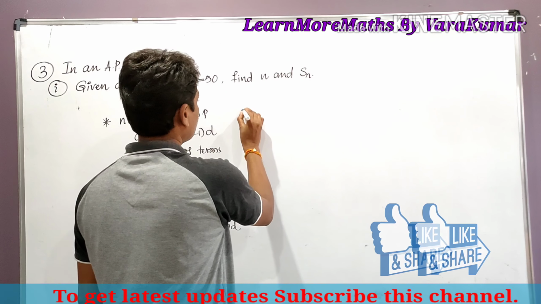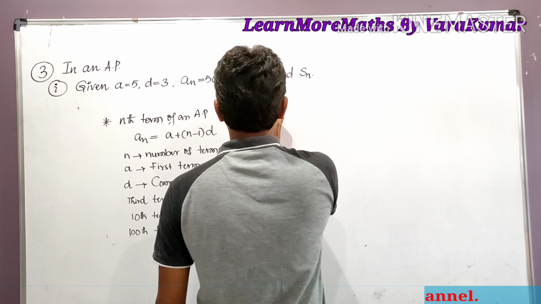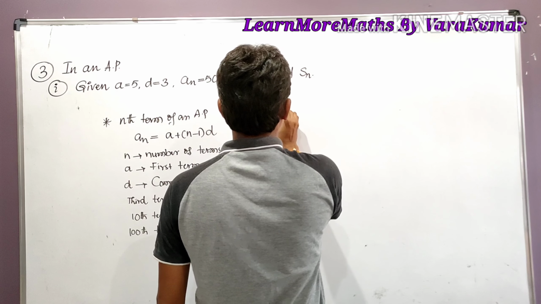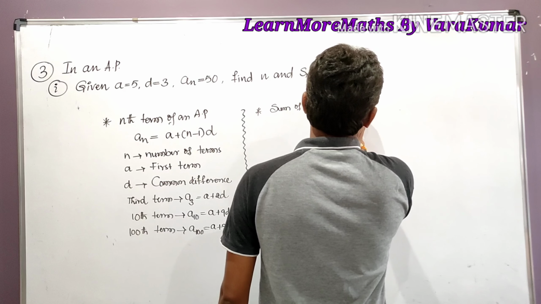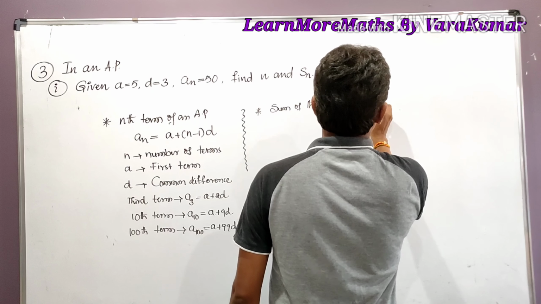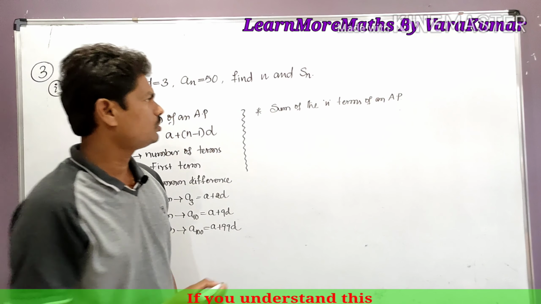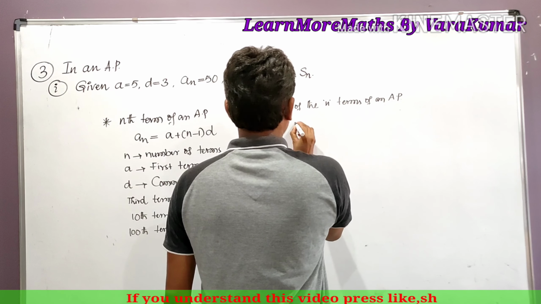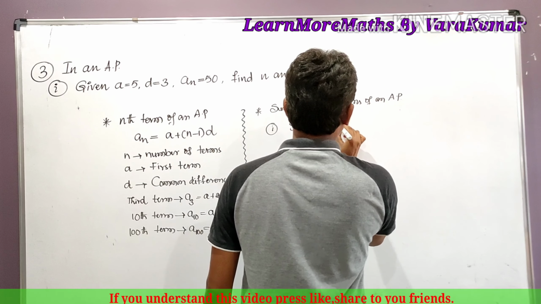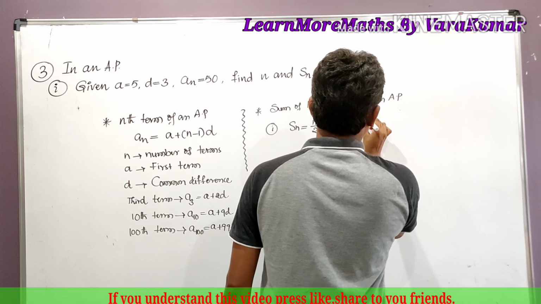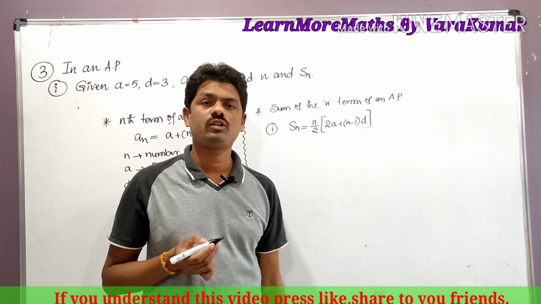One more, we have the sum of the n terms of an arithmetic progression. We have two formulas, student. First one, Sn is equal to n by 2 into 2a plus n minus 1 into d.